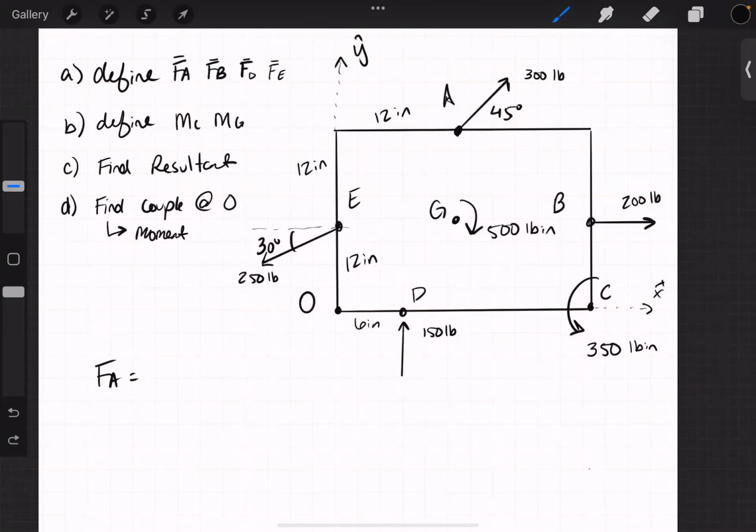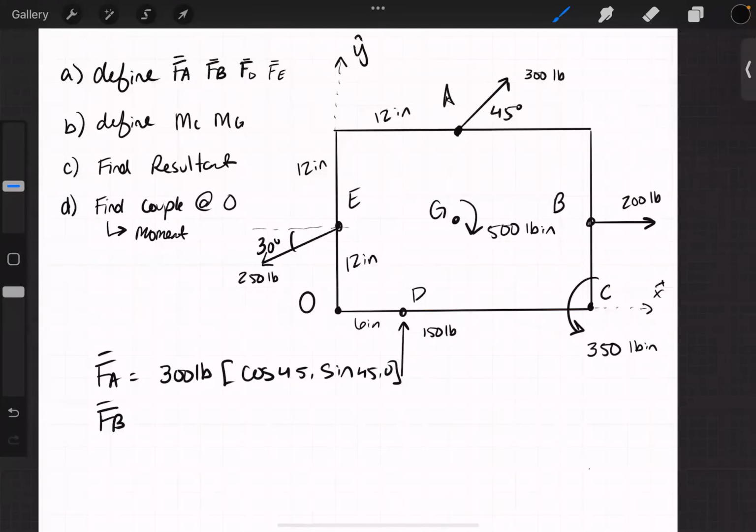So be aware when it is positive that you're not just forgetting to add a sign, but it is an intentional positive. This is 300 pounds cosine 45 in the X, positive sine 45 in the Y, and then 0 in the Z.